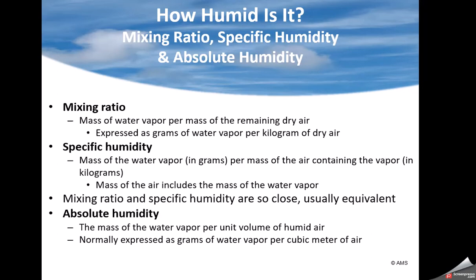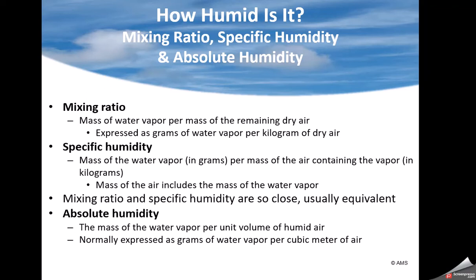Mixing ratio is the mass of water vapor, divided by the mass of the remaining dry air in, say, a 1 meter by 1 meter group of air, and you wind up with grams per kilogram. The larger the number, the more saturated the air is.